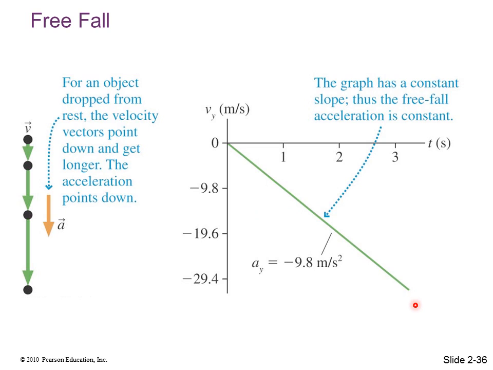It's not a curve. In this AP Physics course, you will not see a line on a VT graph that has curves to it, because in this course we only look at constant acceleration. We do not look at changing acceleration. So the lines on a VT graph will either be horizontal or they'll be straight, heading down to the right or heading up to the right.